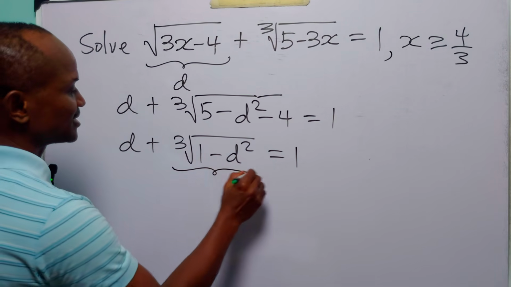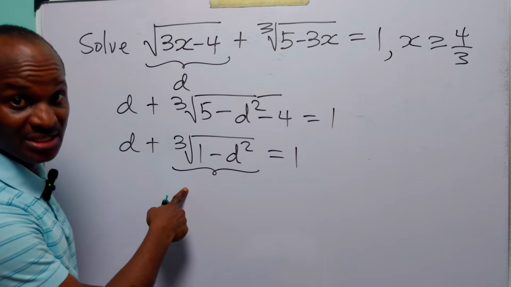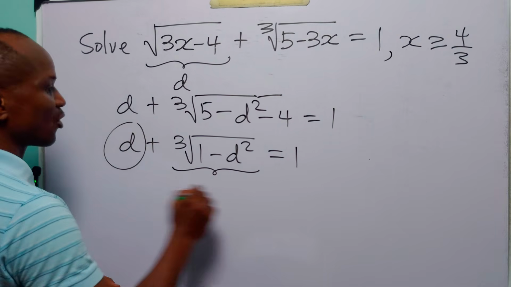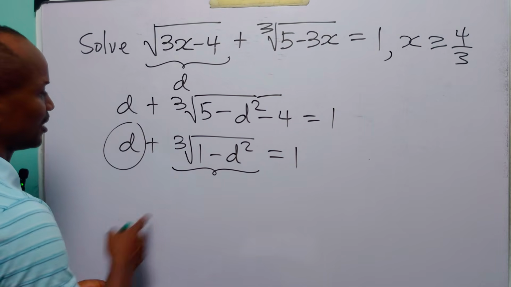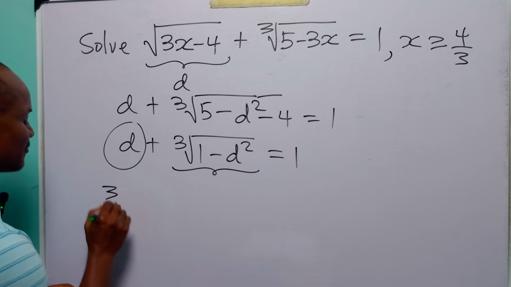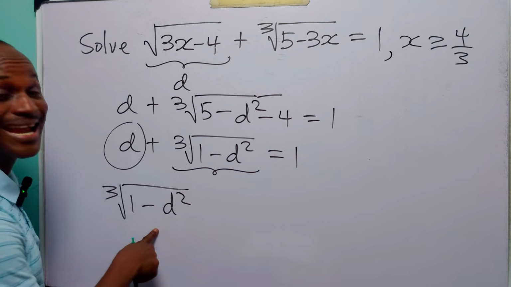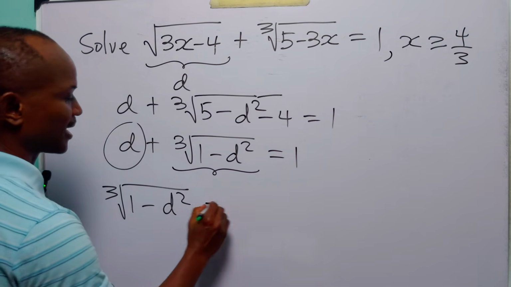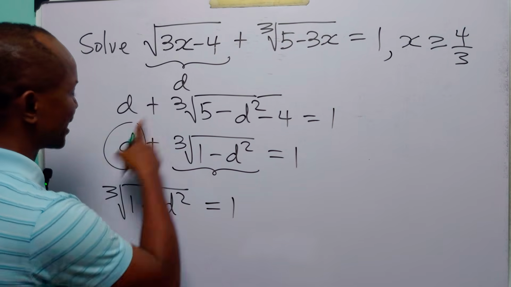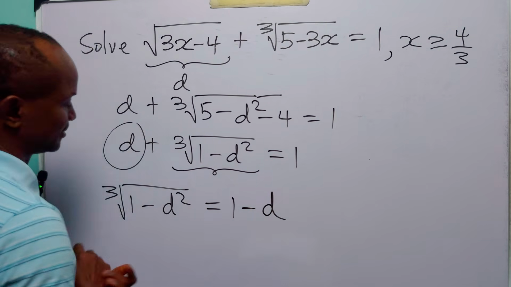Now, to isolate this radical on the left-hand side of this equation, we are going to move this d over to the right-hand side. When we do that, we have the cube root of 1 minus d squared alone on the left-hand side. And on the right-hand side, we have 1 minus d.